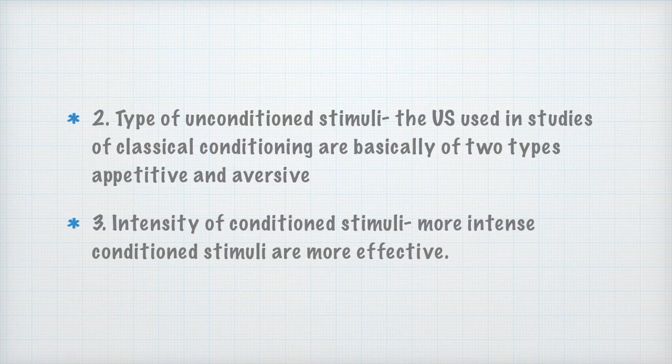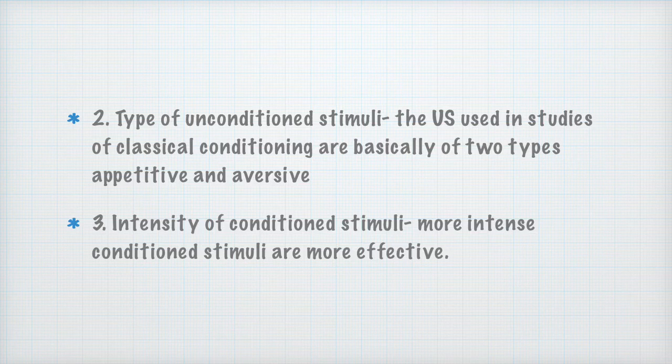Now the third one is the intensity of conditioned stimuli. More intense conditioned stimuli are more effective in accelerating the acquisition of conditioned responses. It means that the more intense the conditioned stimulus, the fewer the number of acquisition trials needed for conditioning.